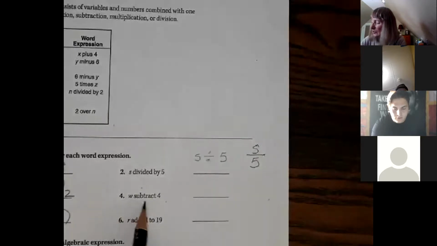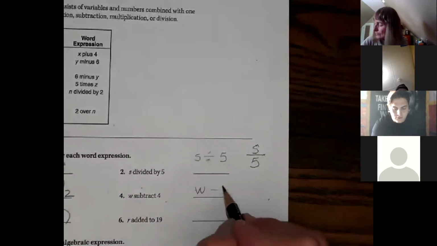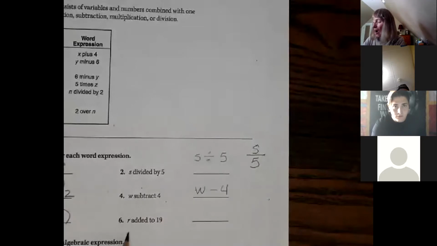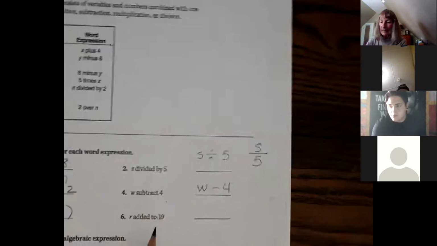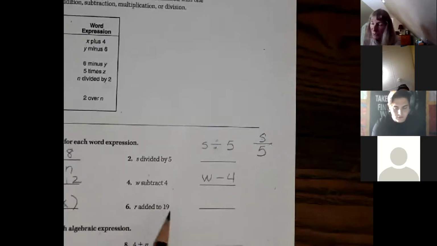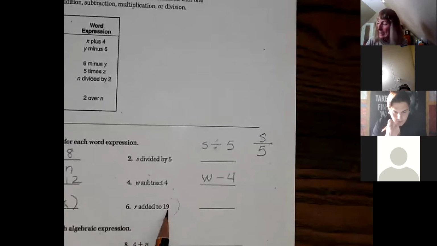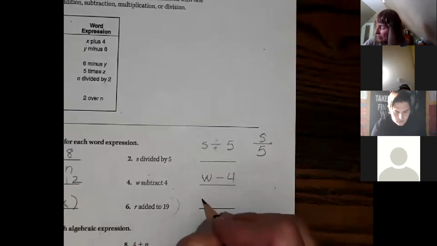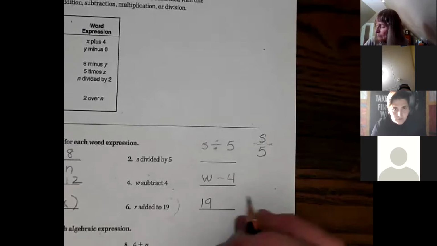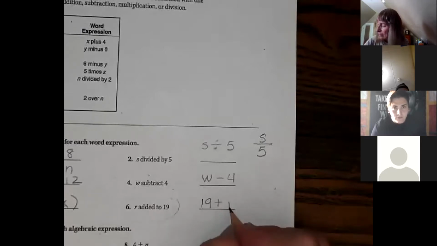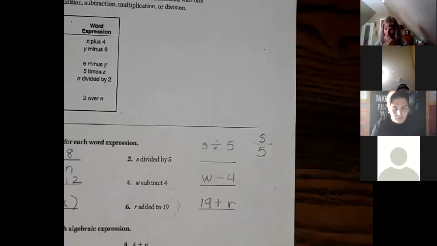Okay, w subtract 4. r added to 19. So we're going to be really picky with this one. The way that this is stated, it kind of sounds like we already have 19, and then we're going to add some more to it. So we're going to write it that way, starting with 19, and then we're going to add r to it.